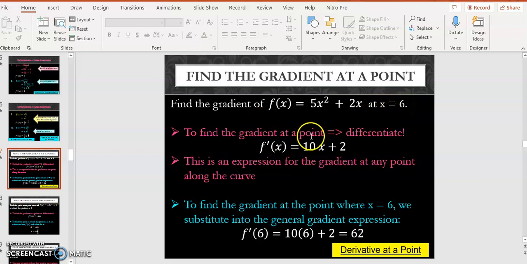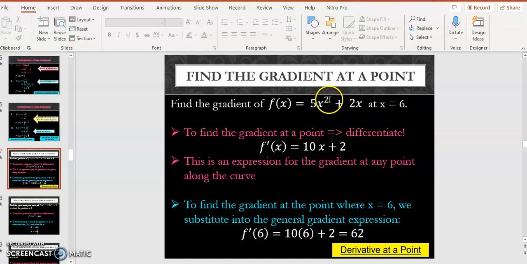To find the gradient at a point, differentiate. Simple. That's the reason why we learn how to differentiate. So to find the gradient at a point, what you need to do is differentiate. The first derivative assists us to find the gradient.